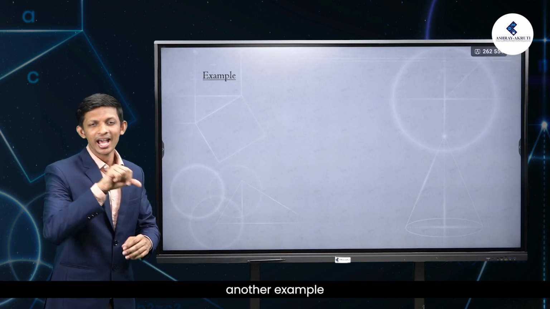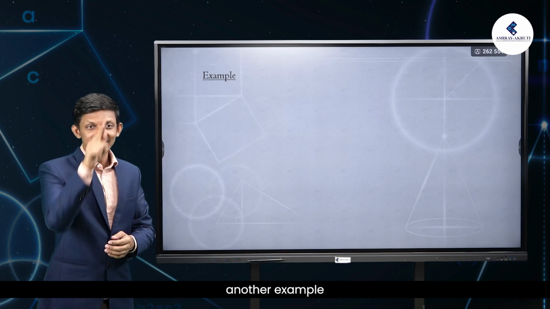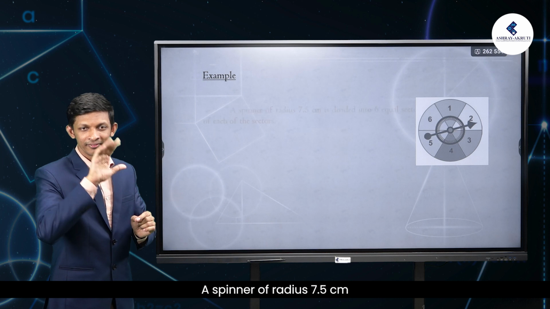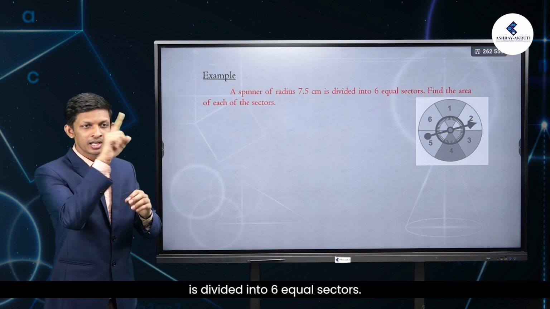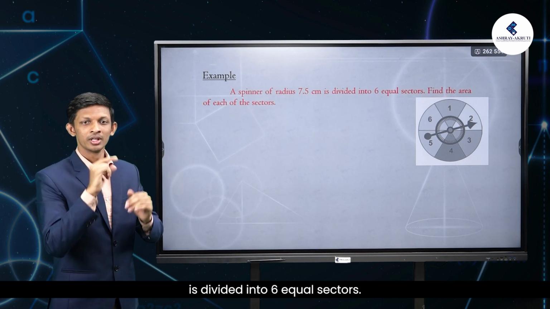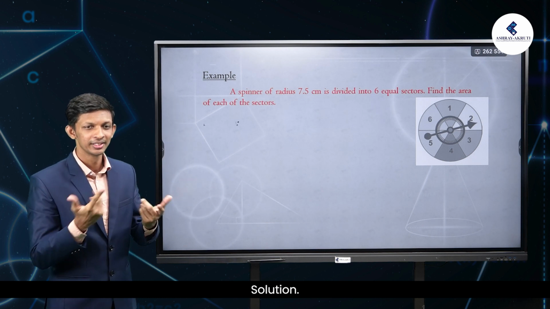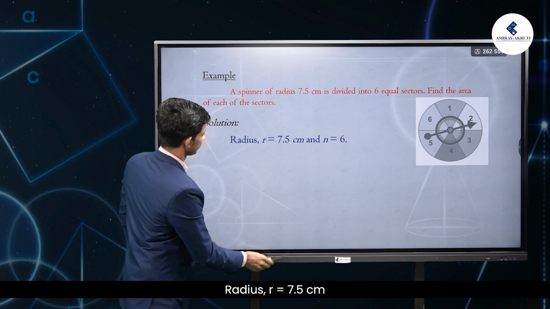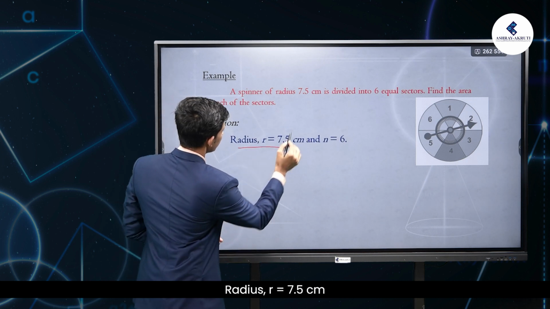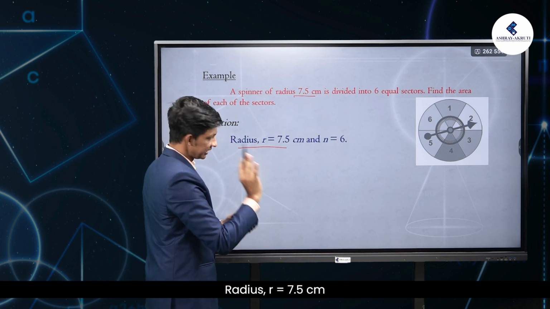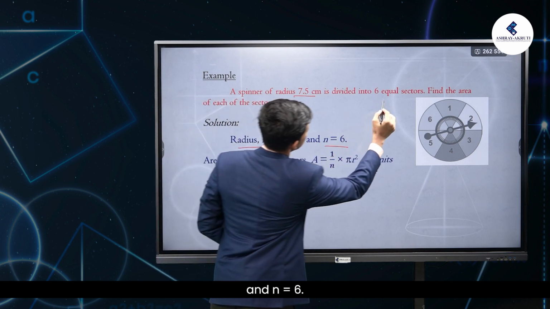Let us see another example. A spinner of radius 7.5 cm is divided into 6 equal sectors. Find the area of each of the sector. Solution. Radius R is equal to 7.5 cm and N is equal to 6.